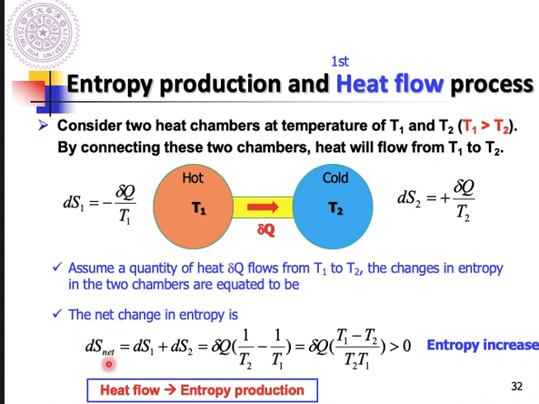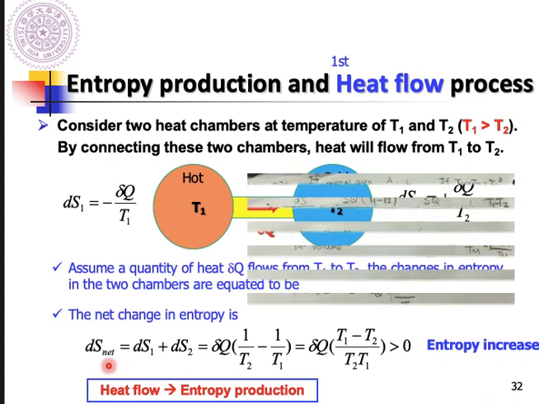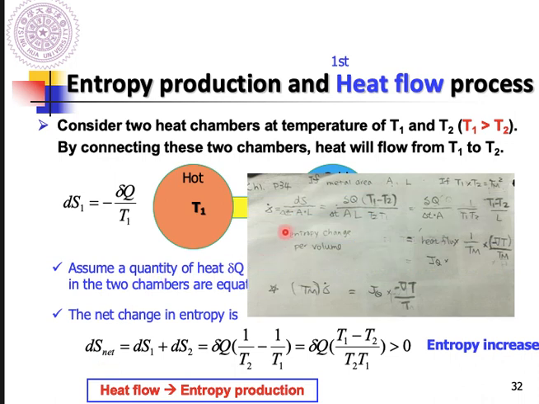What we have here is only a net change in entropy. There's nothing related to time, and also the volume term, right? So what we are going to do is convert it to get the entropy production rate per volume here.